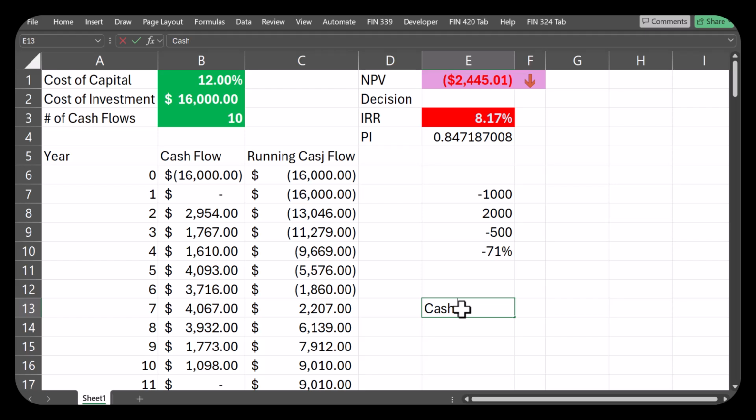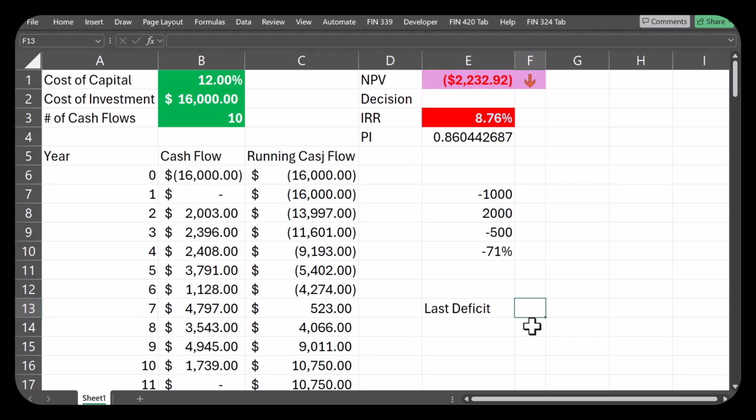So payback period would be, let's do this, last deficit. Let me fix these numbers.